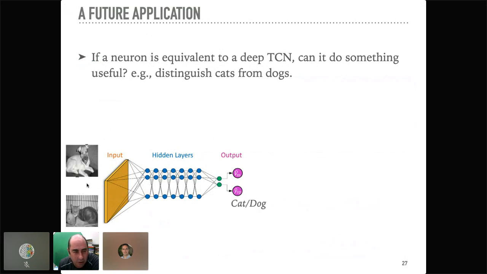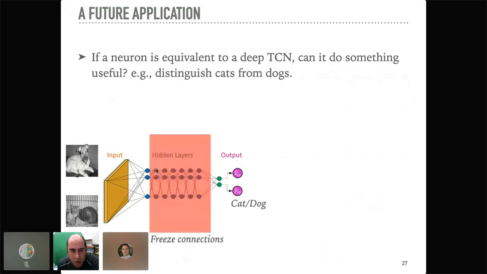You take this neural network and teach it to distinguish cats and dogs, but in our case, we don't want to change the weights of the hidden layers, because these hidden layers represent the transformation that the neuron does, all the dendritic nonlinearities and so on. So we only allow changing the synapses between the input and the first layer.